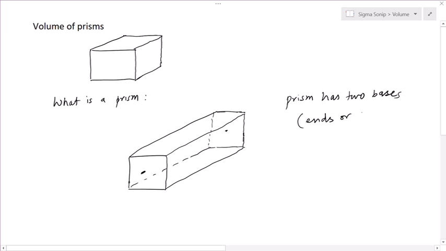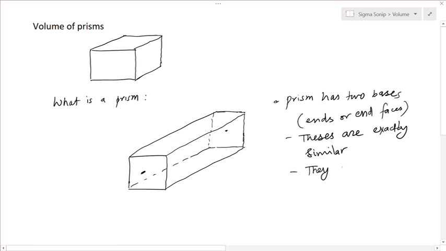And these bases are exactly similar. Yeah. And the other thing is, they need to be parallel. We'll talk about that in a moment.